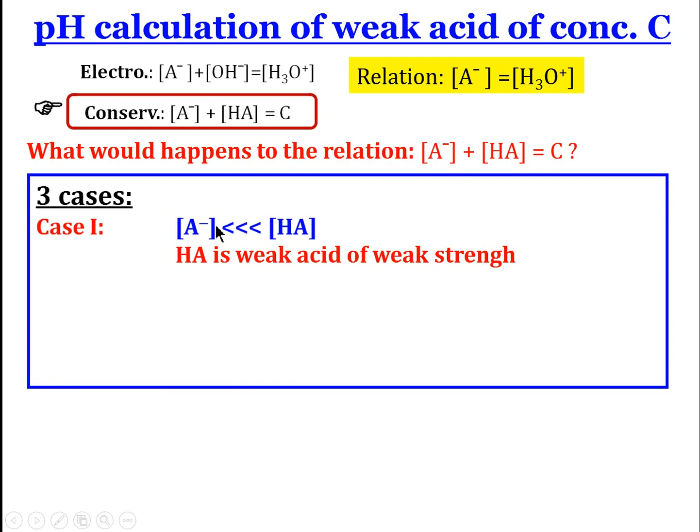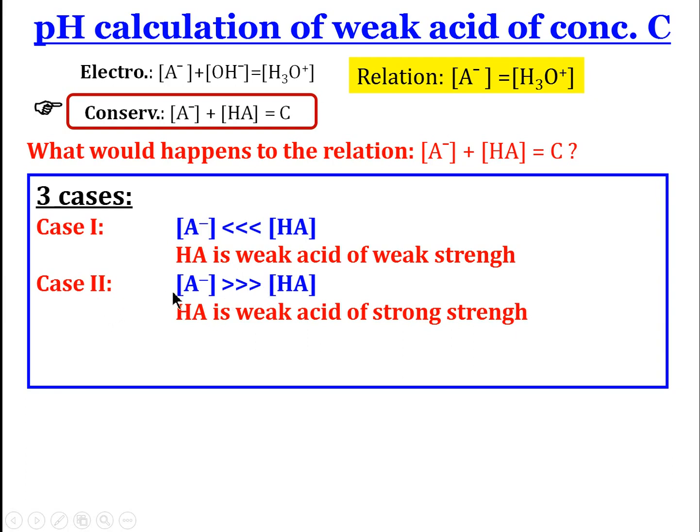The first is A- negligible with respect to HA. That means the dissociation of HA to A- is very weak, and HA is predominant over A-, so HA is a weak acid of weak strength.